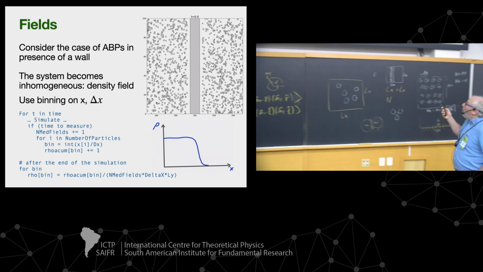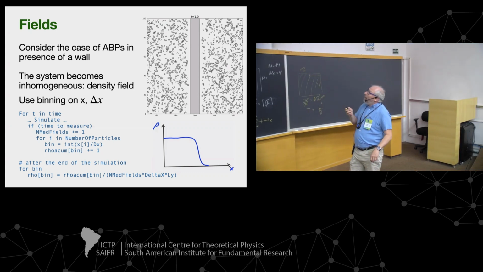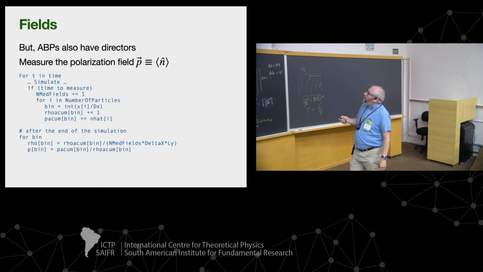Okay, so we have densities. The next thing is to have polarization, that is the average of the densities, and this is done exactly the same. So you simulate over time. When it's time to measure, you run over all the particles.